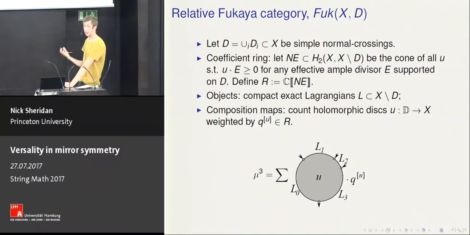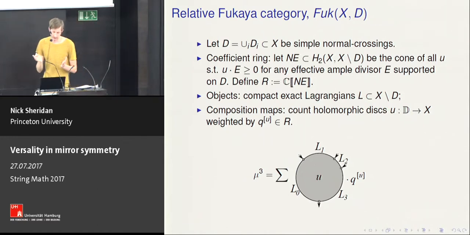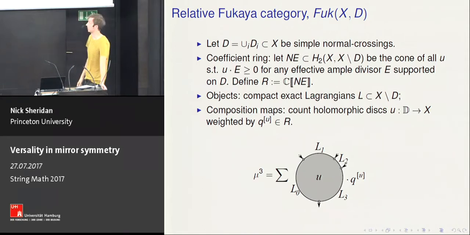But in order to prove this versality theorem, we need to work with a version of this category that doesn't have such nice general properties, but that does make this versality theorem work. So we have this divisor D that's part of our data, and we introduce a coefficient ring that looks a lot like the one used in Gromov-Witten theory, except rather than looking at closed classes, we're looking at disks which have boundary.